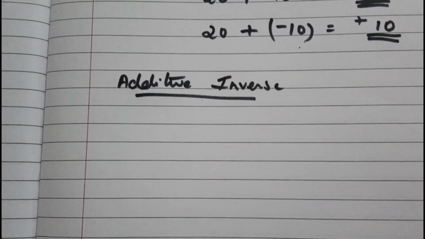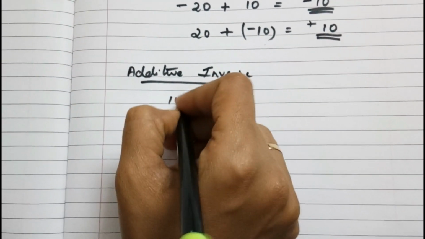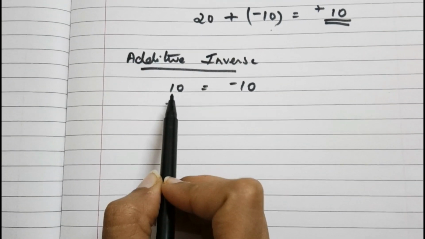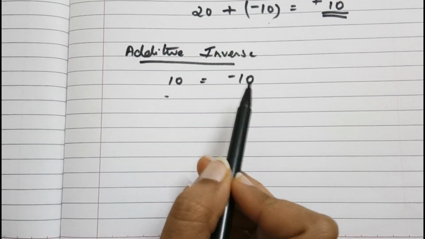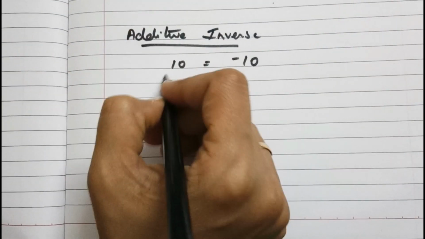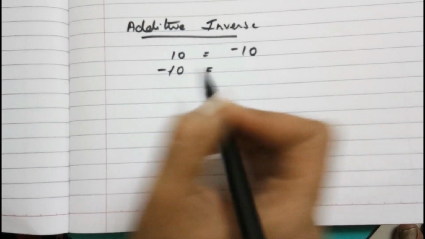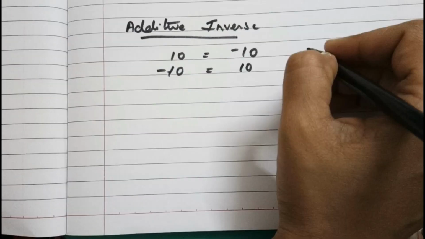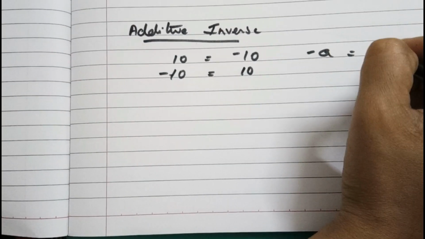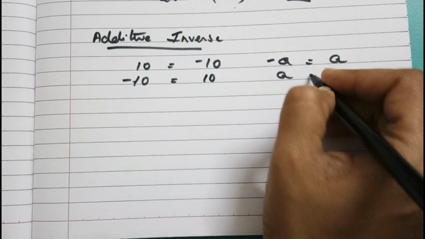The additive inverse of any integer, say the additive inverse of 10 is minus 10, would just be the opposite. If there is a positive integer in a question, the additive inverse of that number will be negative. Just the opposite: if it is a negative in the question, the additive inverse of minus 10 would be positive 10. In alphabets, say the additive inverse of minus a is positive a, and similarly the additive inverse of positive a is minus a.